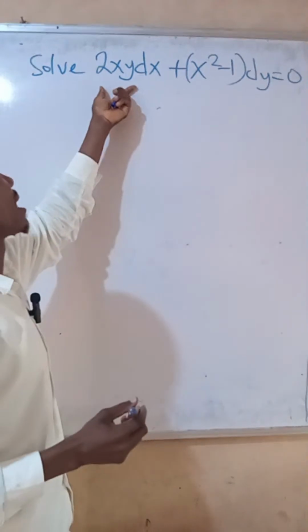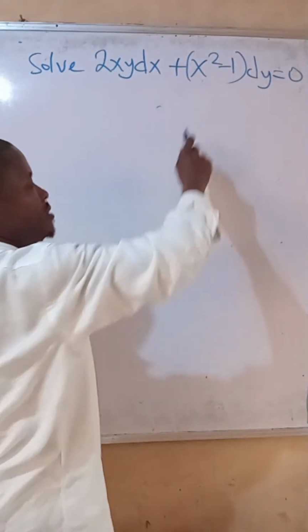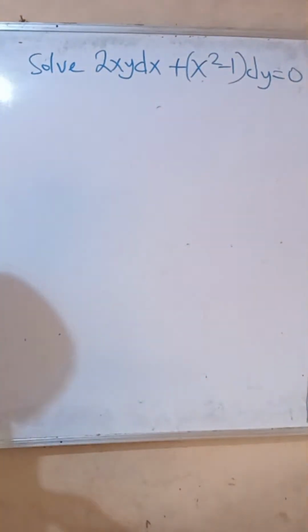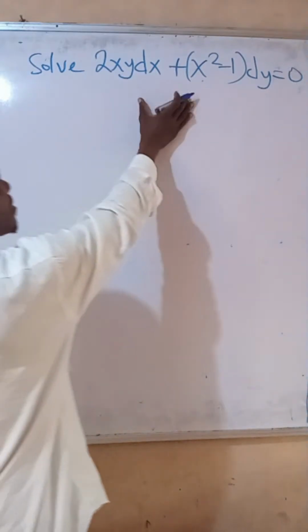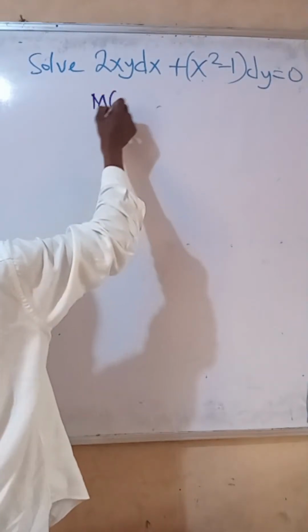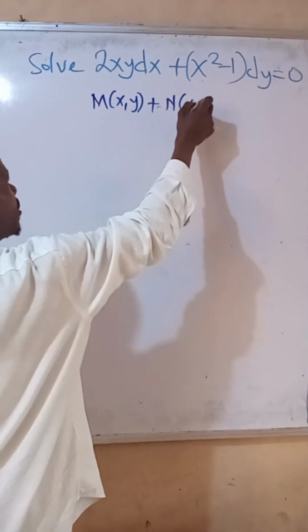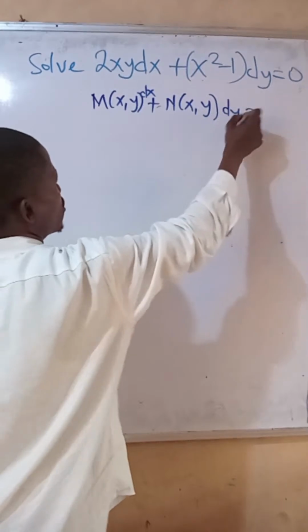The first question is 2xy dx plus (x squared minus 1) dy equal to 0. So what we are going to do in this case is to correspond this to the standard format: this is the dx, this is the dy, equal to 0.